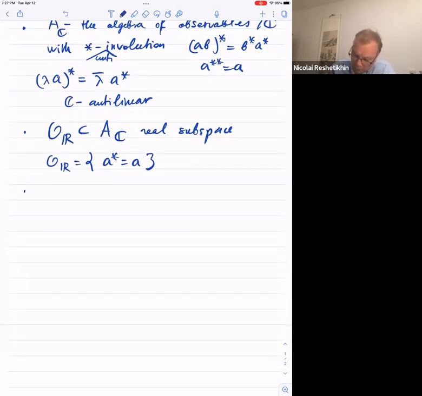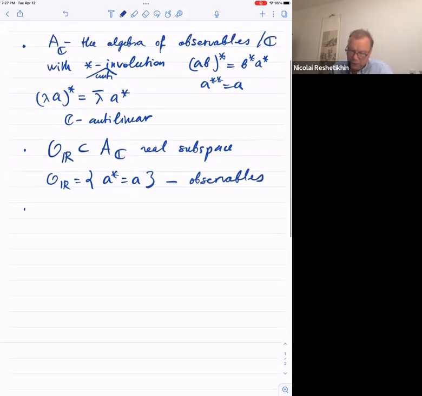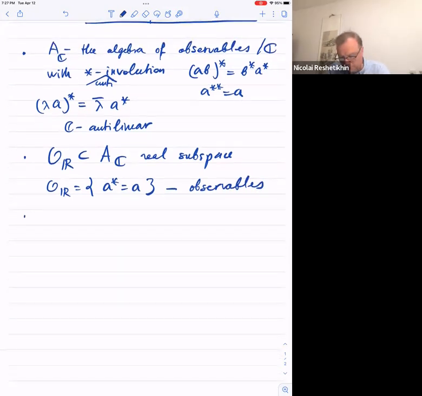So these are observables. You can say that the algebra of observables is a complexification of this space, and on the complexification you may have an associative algebra structure.